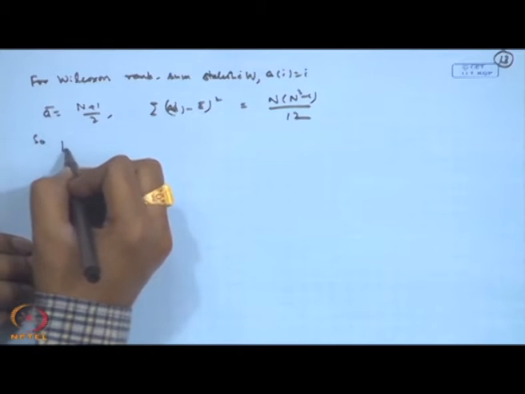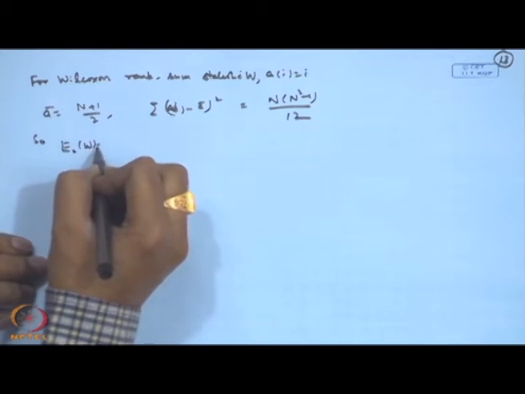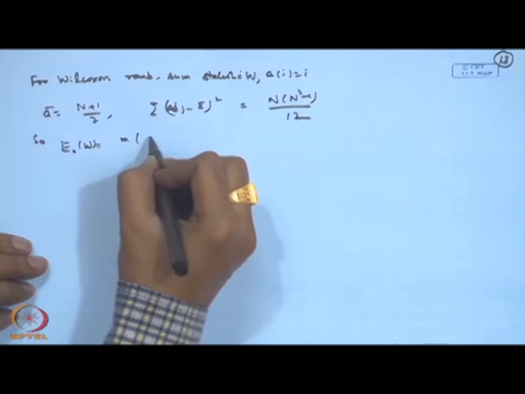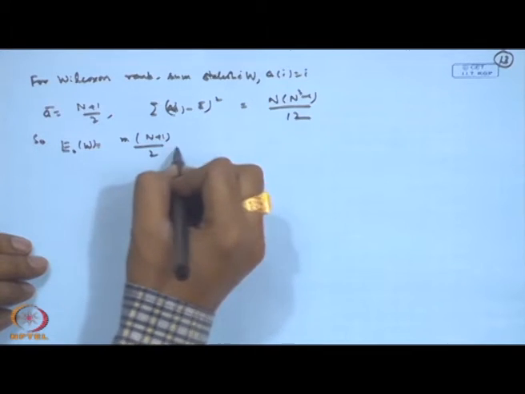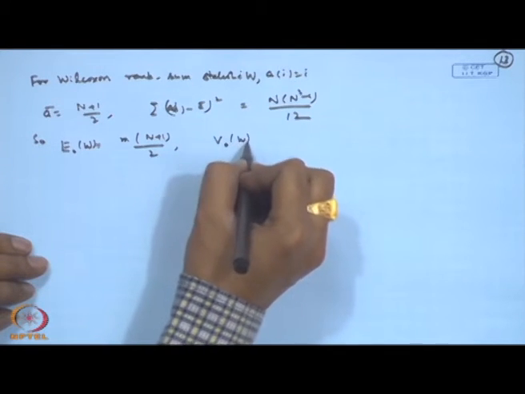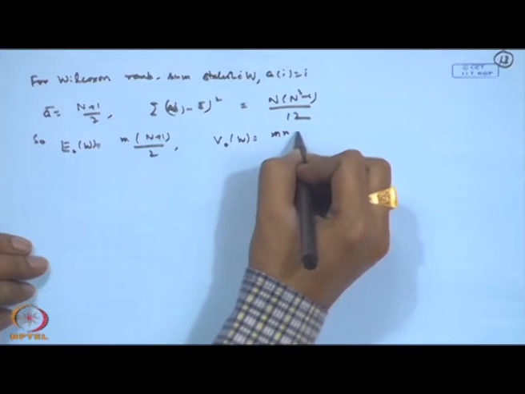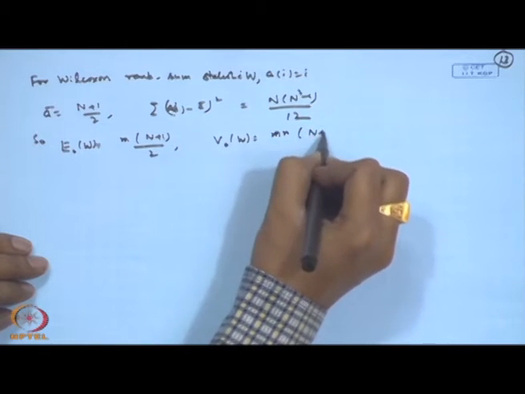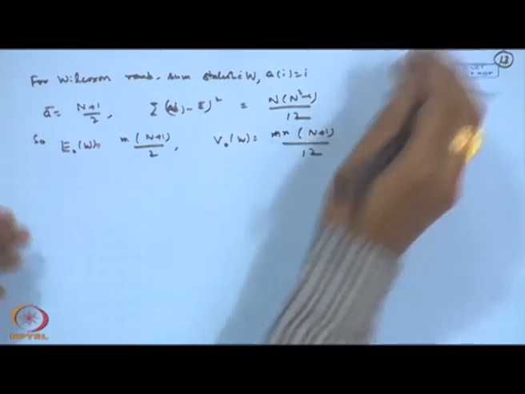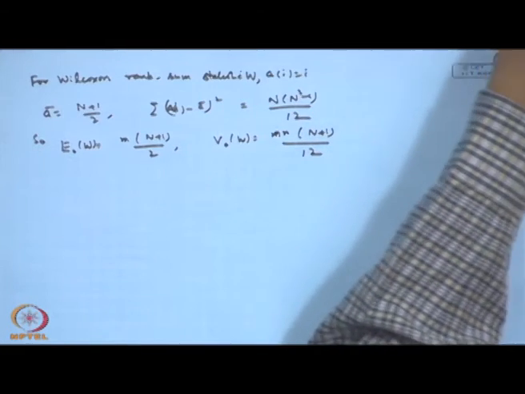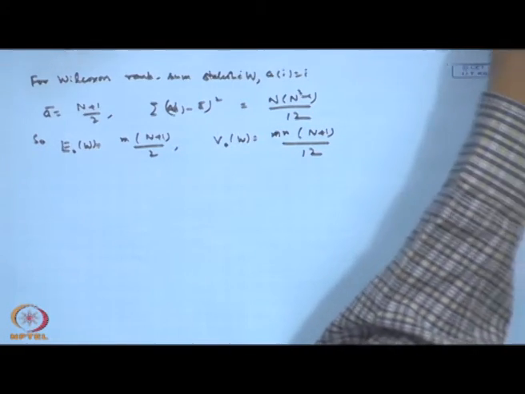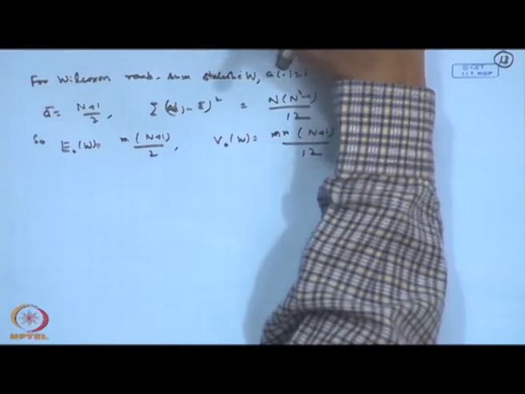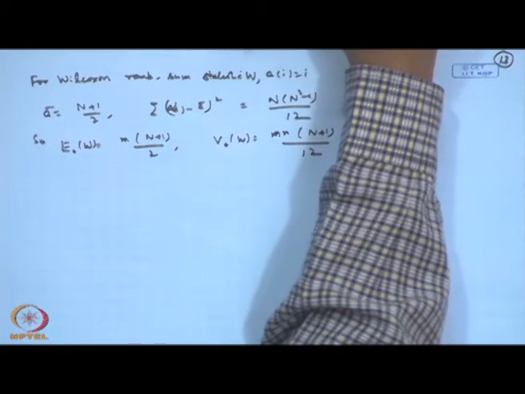So, if I consider expectation of W, that is equal to m into (n plus 1) by 2 and the variance is equal to m n into (n plus 1) by 12. So, if we compare with the values that I derived earlier, you can match whether it is the same or not.